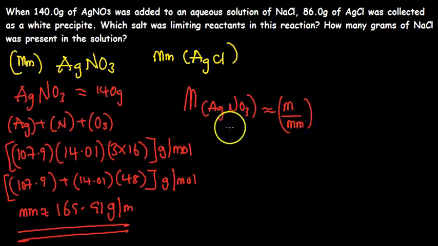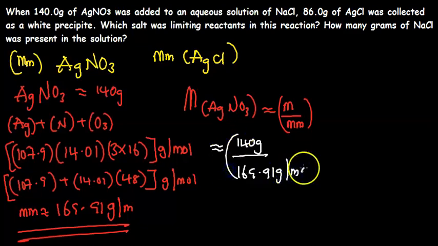At this point, what is our mass? Our mass is 140 grams divided by our molar mass, which is 169.91 grams per mole. Grams will cancel out with grams.